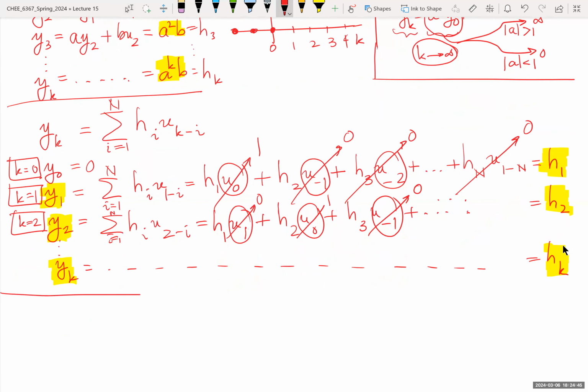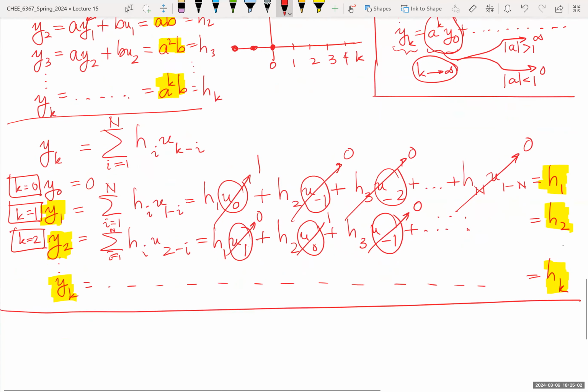First of all, let's prevent a misunderstanding about the kind of experiment one does to get these coefficients H1 through H_k. In fact, let me get some ideas. How would one get these coefficients H1 through H_k?